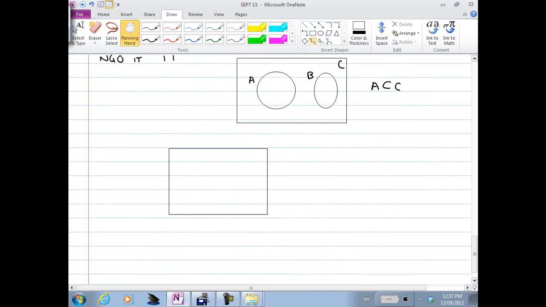I'm going to have this A, B. So this is now A, this is now B, and this is now C. I'm going to ask you a few quick questions. Number 1: are A and B disjoint?